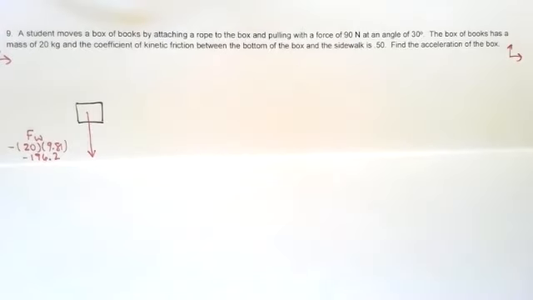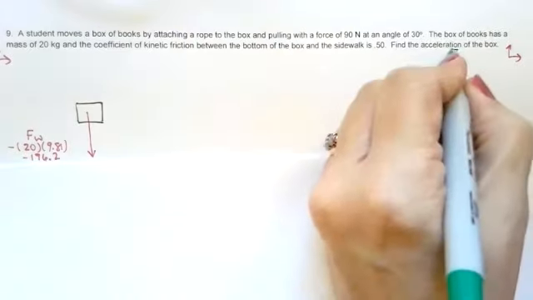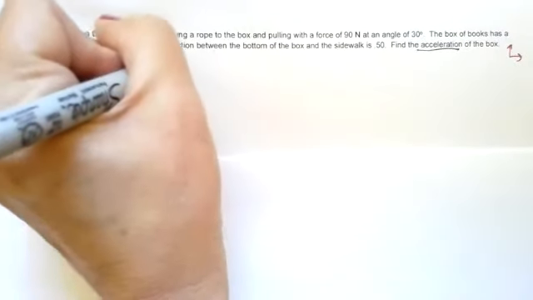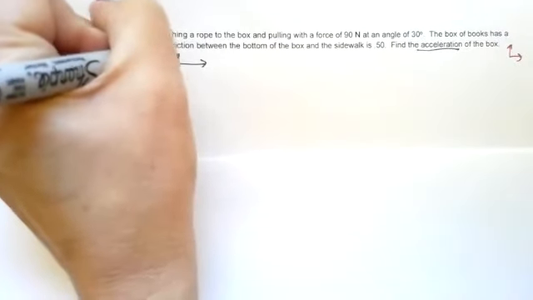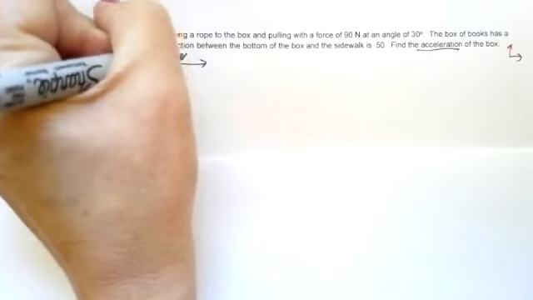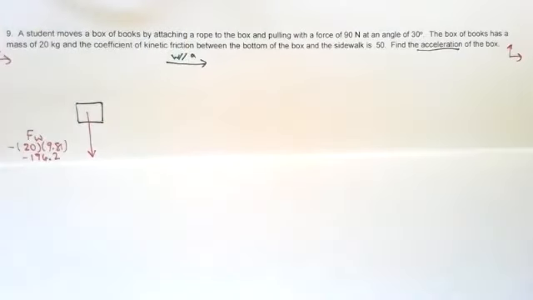And again, you'll notice I'm not breaking them out into vector components. I like to talk about the vectors as we go. I'm not going to put any other values on yet because I don't know how big those forces are, but I want to pick apart my problem a little bit. First of all, find the acceleration of the box. Let's assume we're moving this direction, with acceleration.